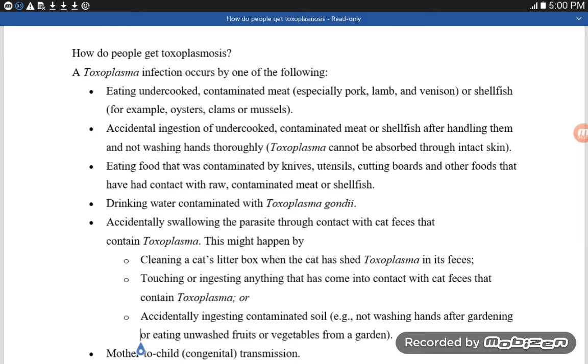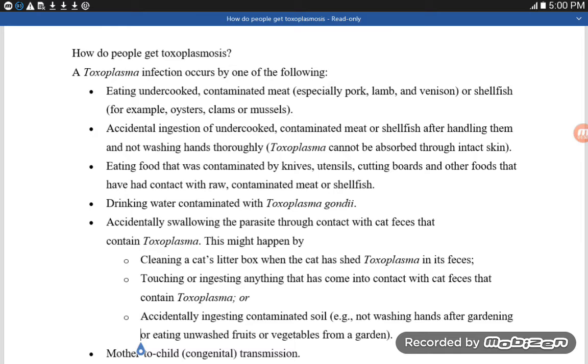When we clean this place, the cat may have left feces. If the cat is infected with Toxoplasma and we handle these feces without wearing gloves, it may contaminate our hands and infect us.